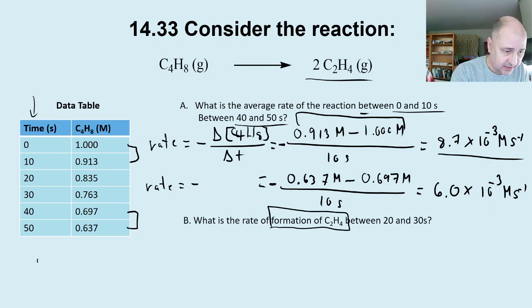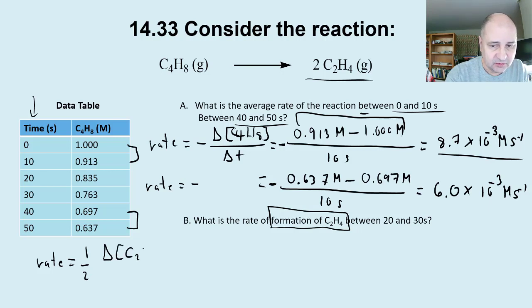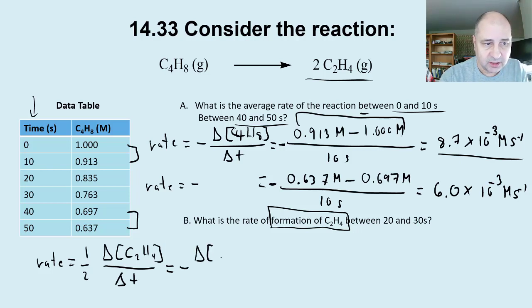So the rate is going to be equal to 1/2 times the change in concentration of the product C2H4 over time, which is related to what we can calculate, the negative change in concentration of the reagent C4H8 over delta T.